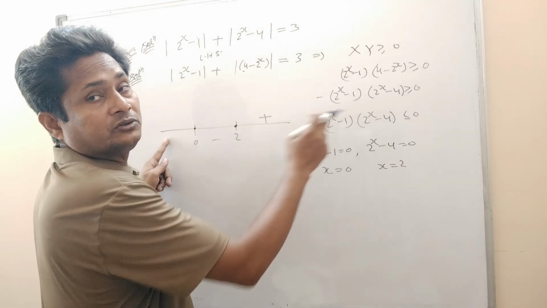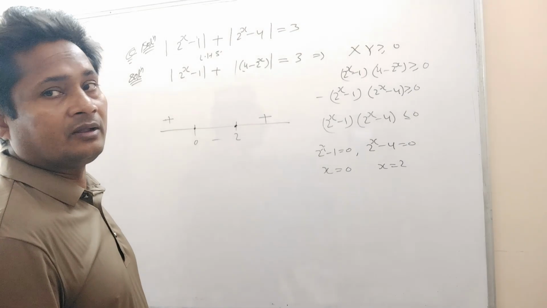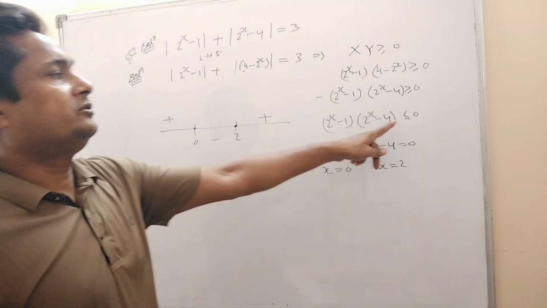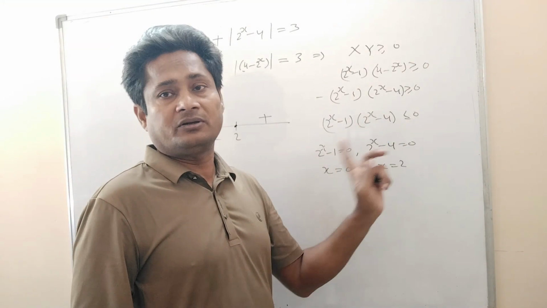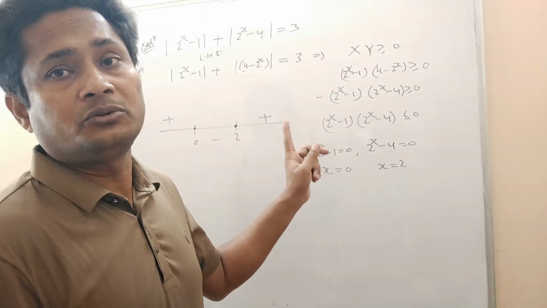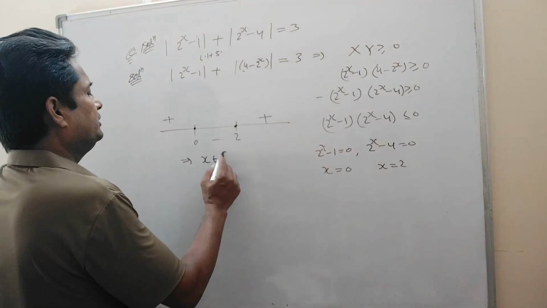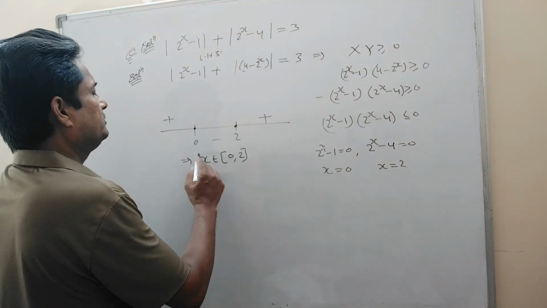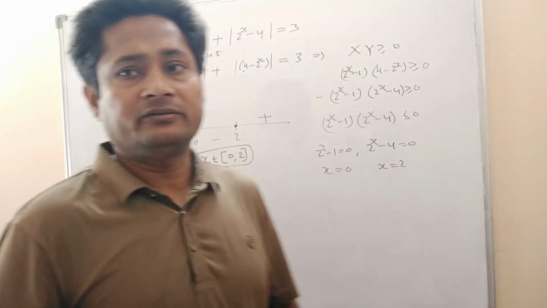So the product of these two will be positive. So we have to collect the negative intervals, since less than or equal to 0 means we collect negative intervals and the roots which satisfy. So finally x belongs to 0 to 2. That means this is the final solution of this one.